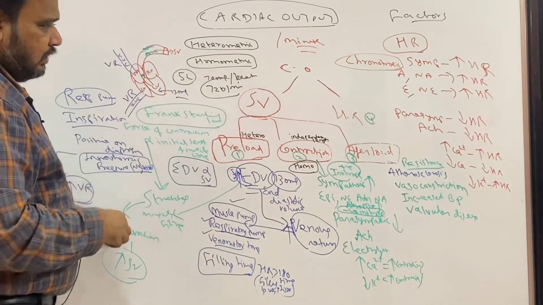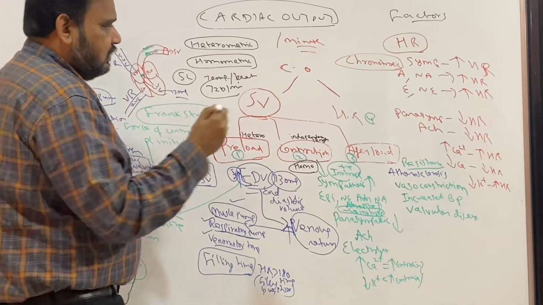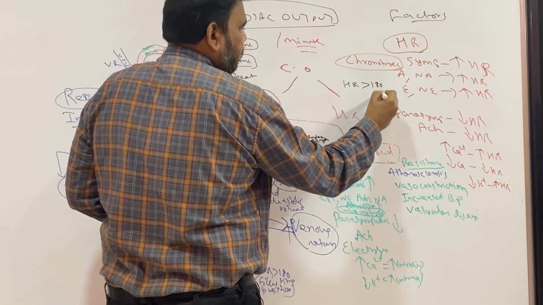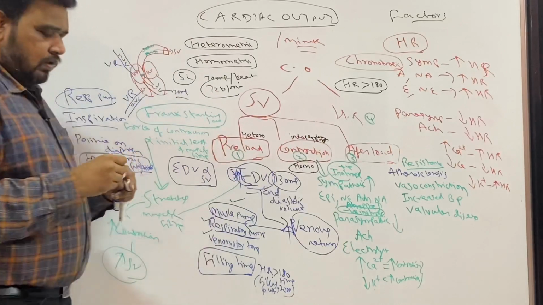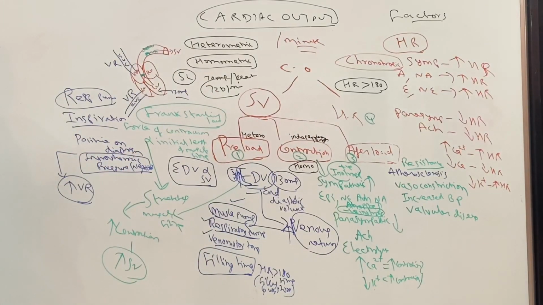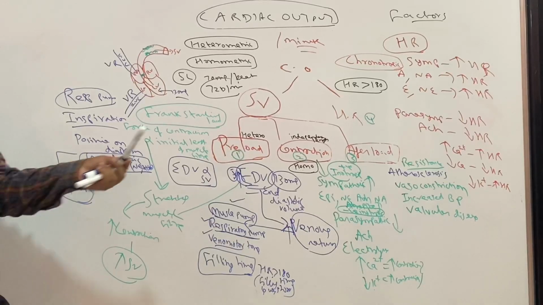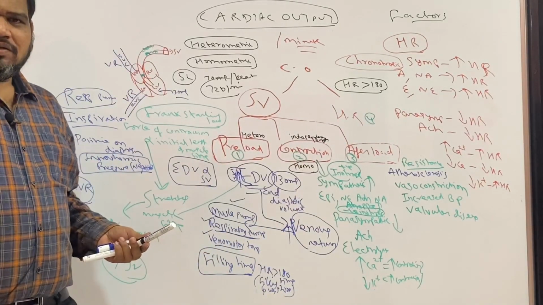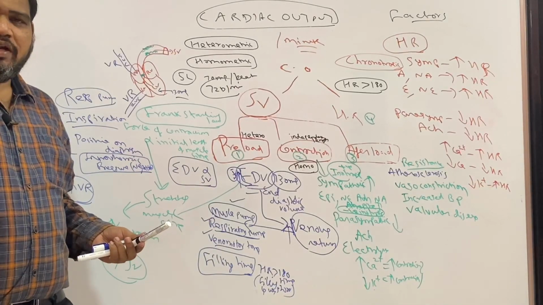In heart rate, imagine if your heart rate is greater than 180. Though the sympathetic increases the heart rate, which increases cardiac output, it is only up to a certain level. What happens when your heart rate is greater than 180? Your heart beats 180 times per minute.